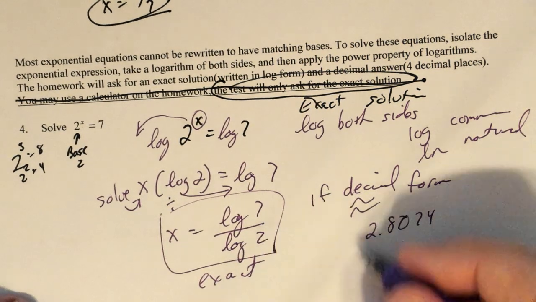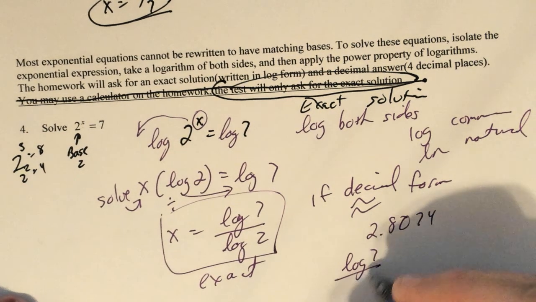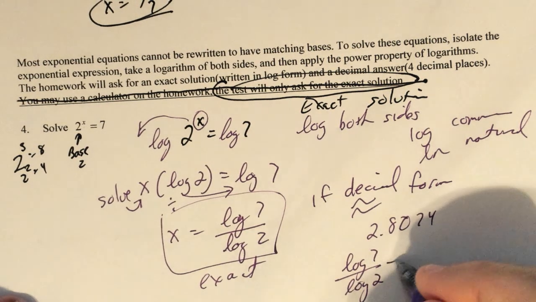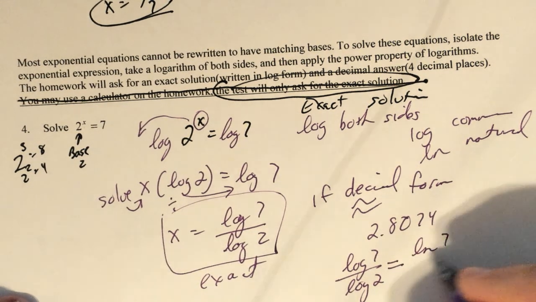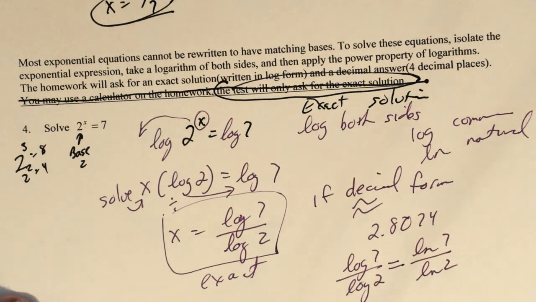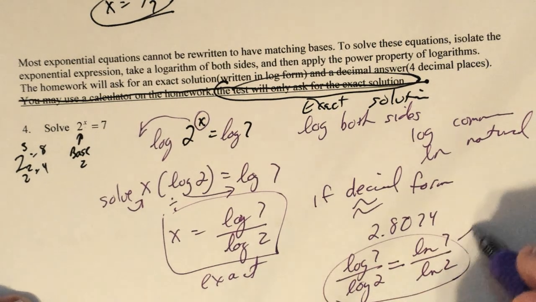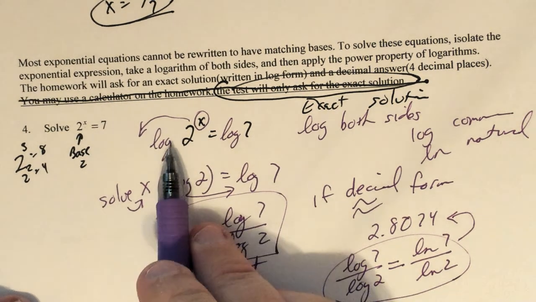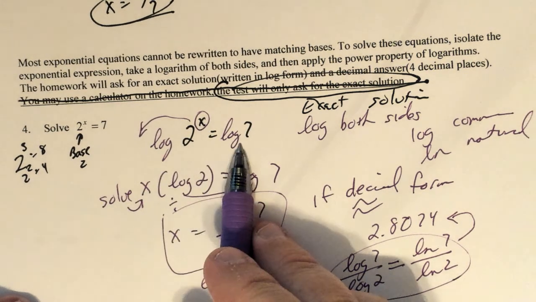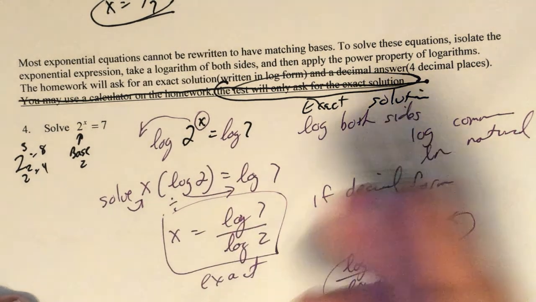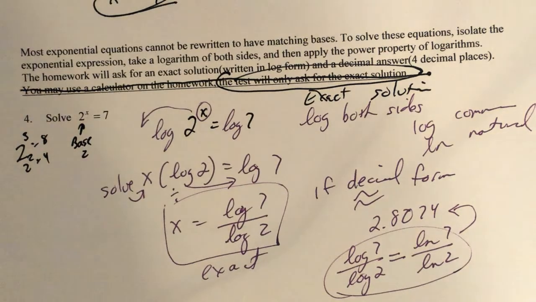Now what's interesting is log 7 divided by log 2 is equal to the natural log of 7 over the natural log of 2. They would both give you that number. That's why when we go over here, we said log of both sides. You can also natural log both sides. I tend to use natural log a lot of times just because it's an easier number to write. Alright, so let's continue that strategy.